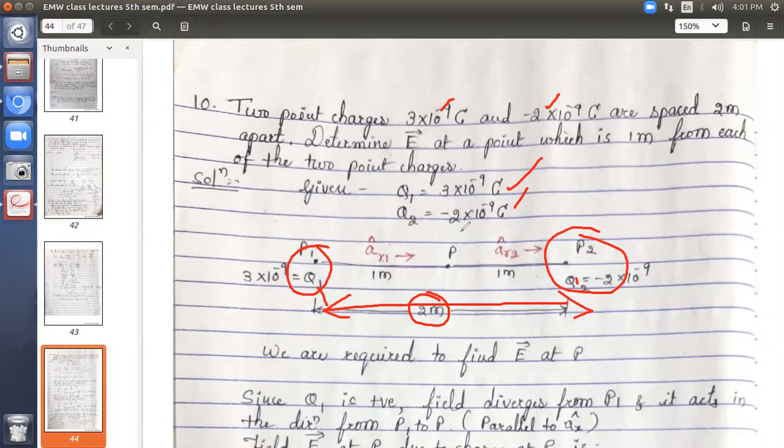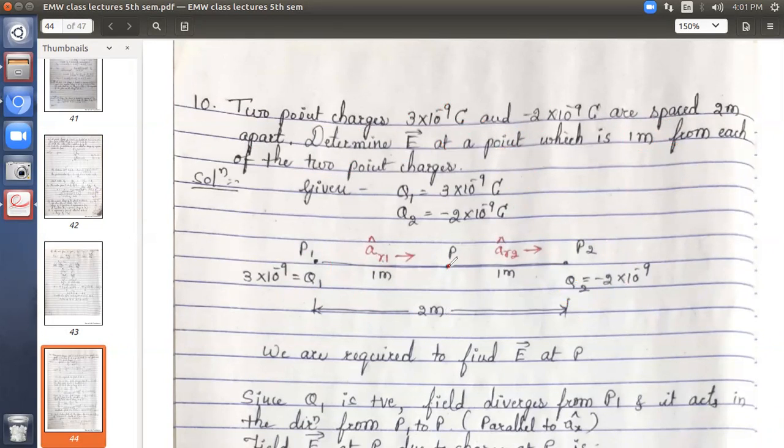We should have a point. This point is such that it is 1 meter from each of these. So if I take this exactly at the center, it is 1 meter from Q1 and 1 meter from Q2, so that the total distance is 2 meters. This is how we can represent the given question in the form of a diagram.